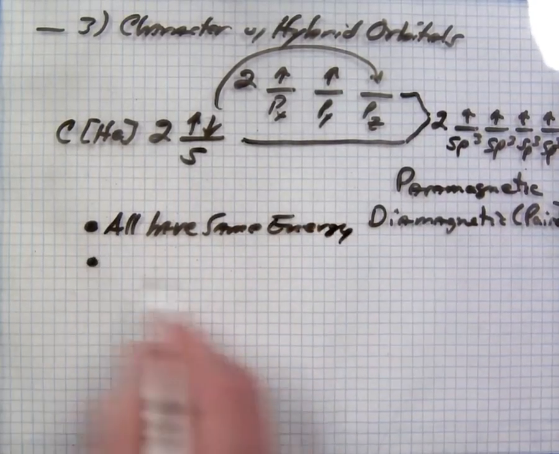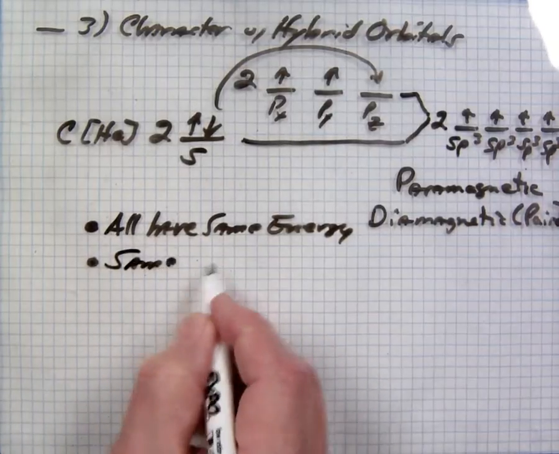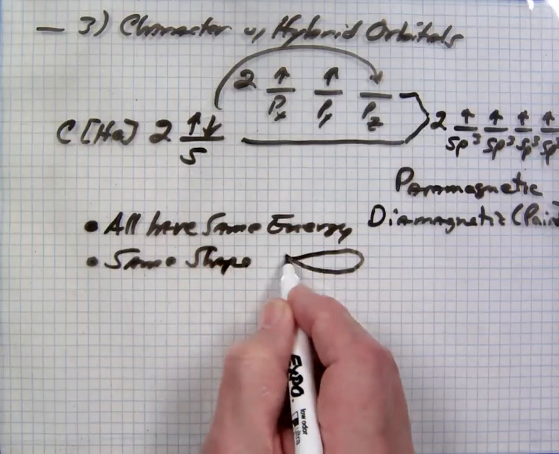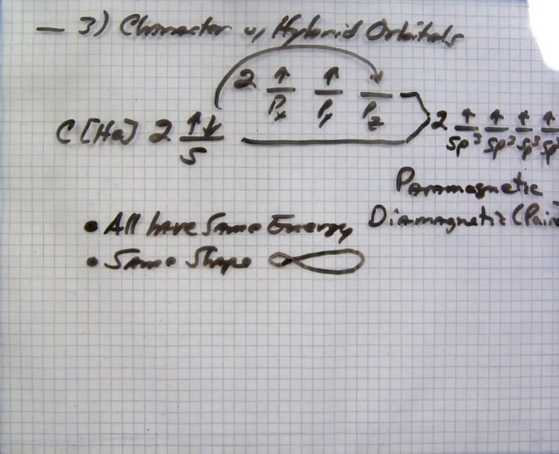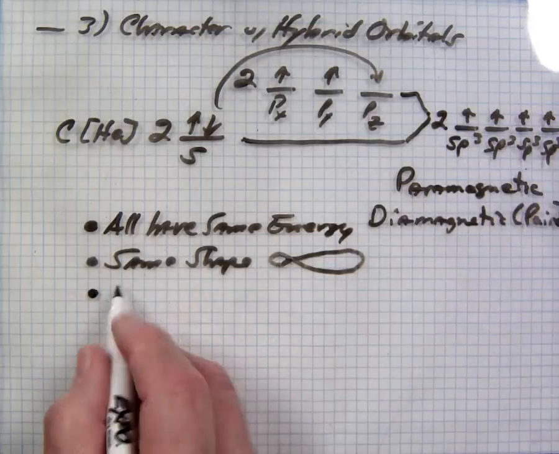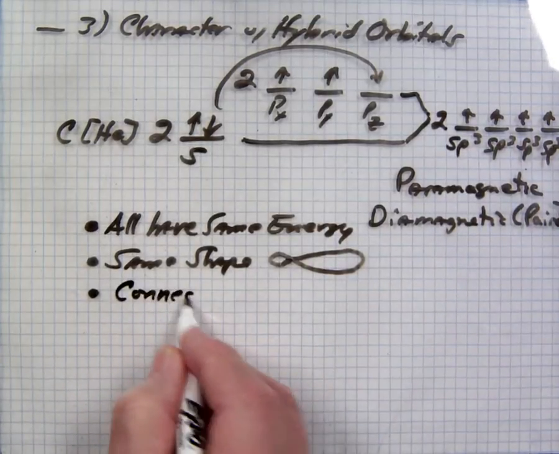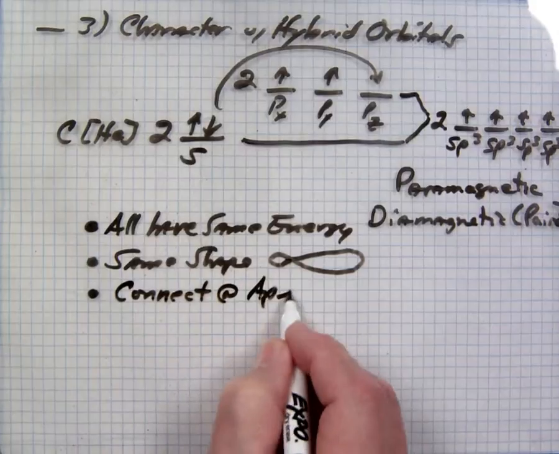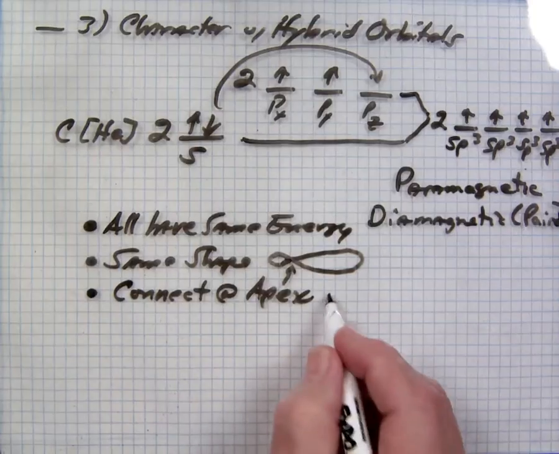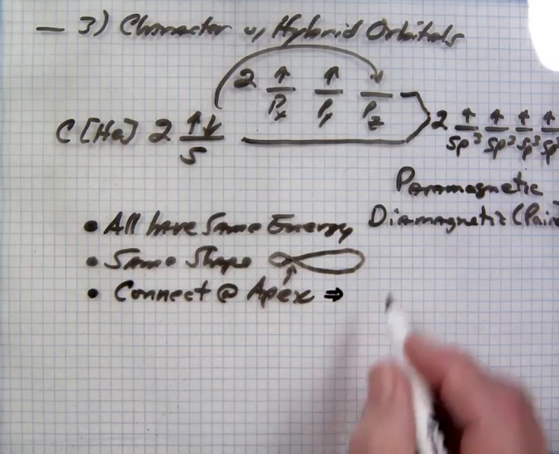They all have the same shape, and that is a distorted figure 8. So there's your hybrid orbital to visualize. If you have several, like in this case we have 4, they connect at the apex, and of course the apex is right there, and they form the geometries that minimize repulsion forces.